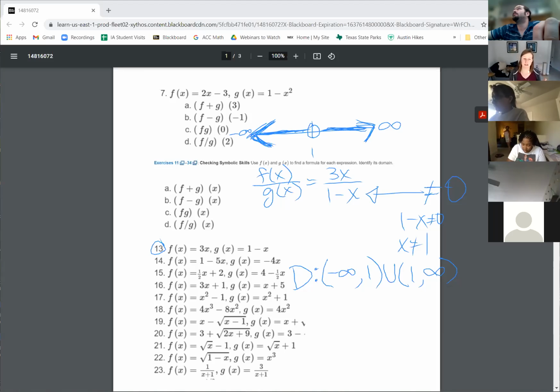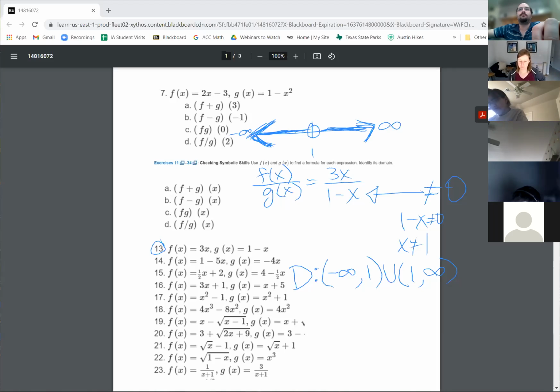In case anyone missed, I said earlier that for C, we forgot to write the domain, but it was negative infinity to infinity. Okay, cool. Any questions on 13, letter D? I think I missed it. What was the answer for C?